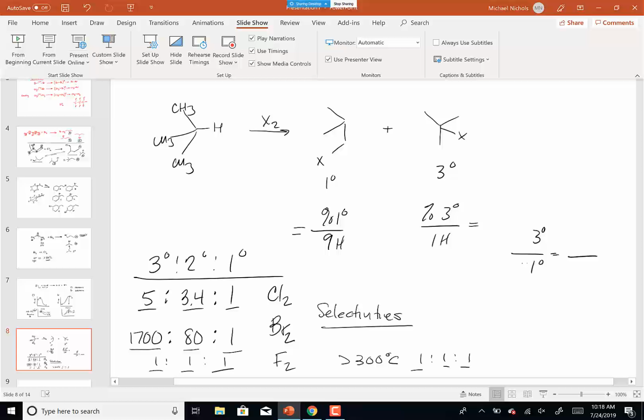And the reason for this is, and again, it's not statistics. Statistics are wiped out of this equation. It's because chlorination is exothermic, bromination is endothermic, and fluorination would be super exothermic. And then we still have the heat left over to deal with.